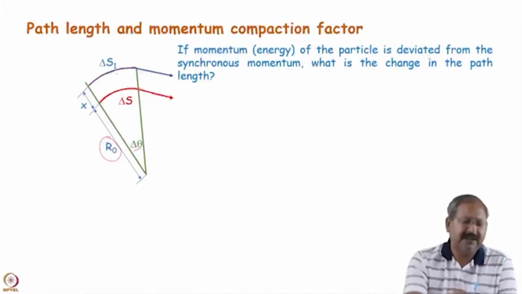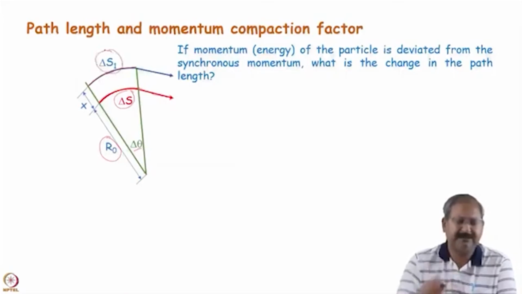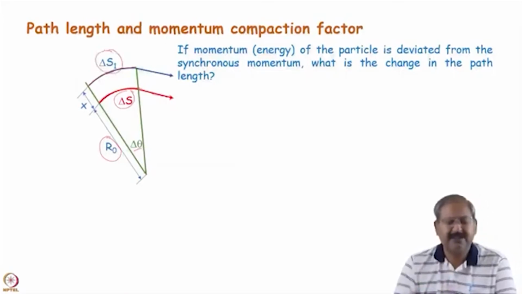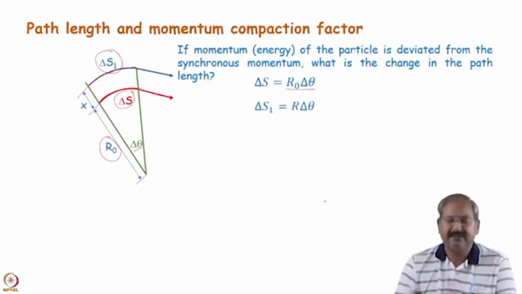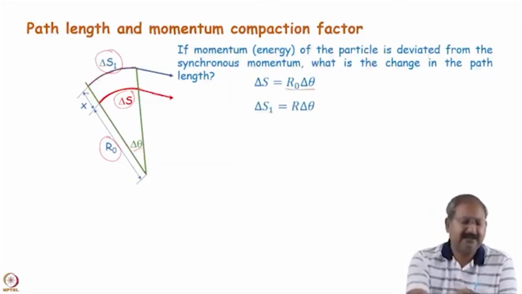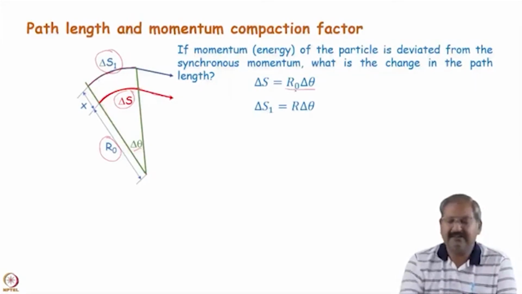So the length of the design trajectory inside the magnet is delta s, and the length of the trajectory of the particle which has some momentum deviation is delta s1. Now we will see how delta s1 compares to delta s. We can write delta s very easily as r naught delta theta, and similarly delta s1 is equal to r delta theta.